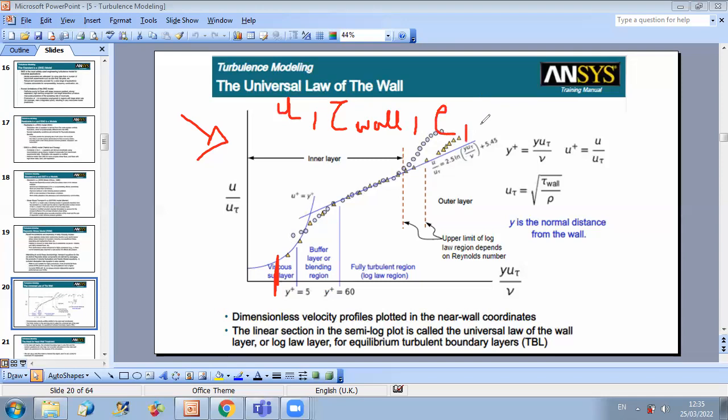You can talk about dynamic viscosity or kinematic. It's equivalent because they are related to each other. You know that mu, the dynamic viscosity, is equal to rho times the kinematic viscosity. So as two variables, you can take rho and mu as the dynamic one, or rho and the kinematic viscosity.